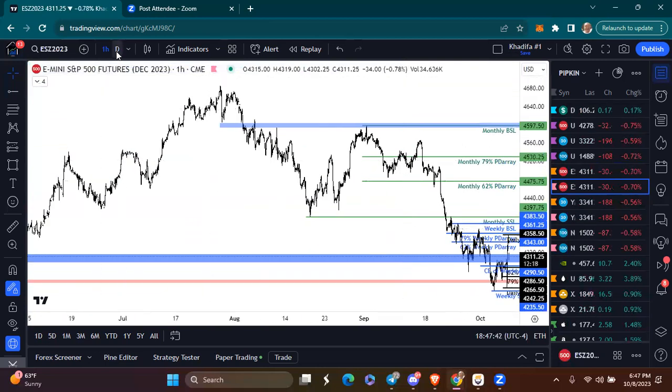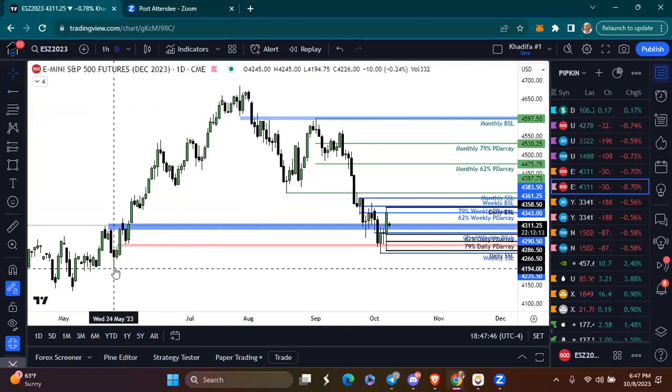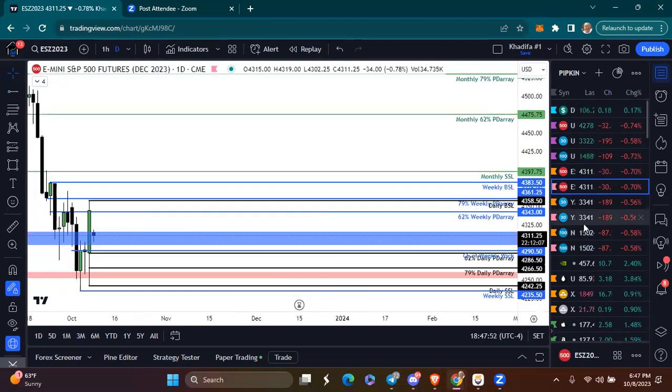I do expect us to target this sell side liquidity right here. So let's see how that plays out.